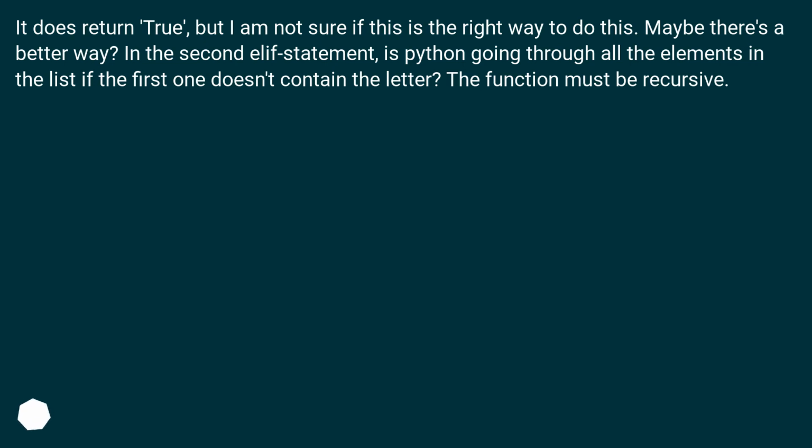Maybe there's a better way? In the second elif statement, is Python going through all the elements in the list if the first one doesn't contain the letter? The function must be recursive.